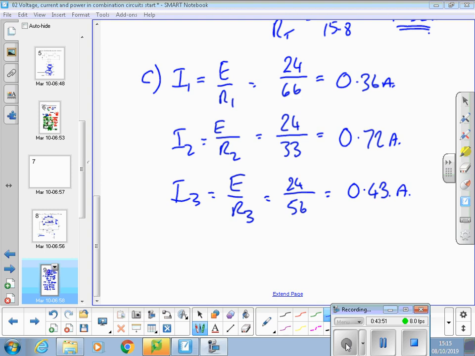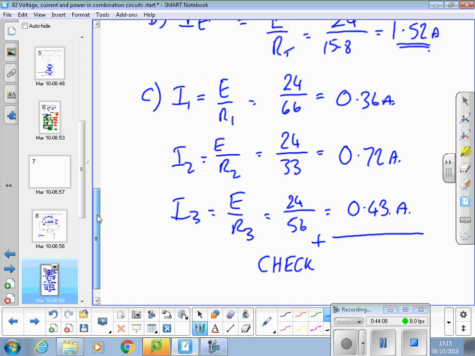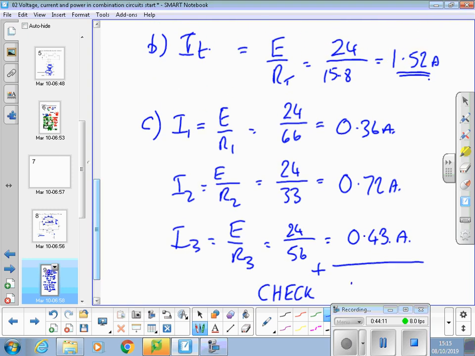Yeah. Check is, add all of them up. What do we get? Which is approximately equal to the 1.52 we calculated using the total resistance earlier.